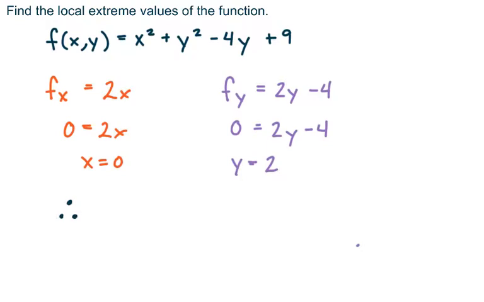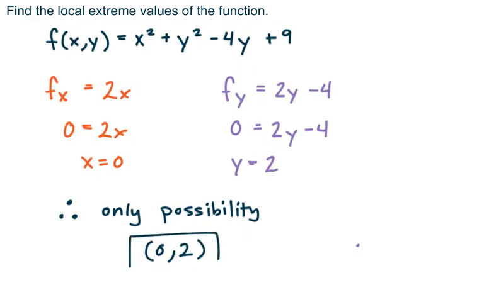There's only one possibility, and the only possibility is at the point 0, 2. So this is a critical point. It could be a local max or it could be a local min, I should say. It could be a maximum or a minimum value.